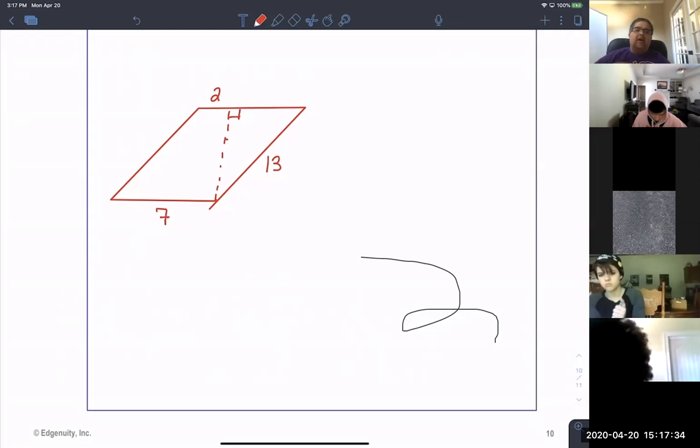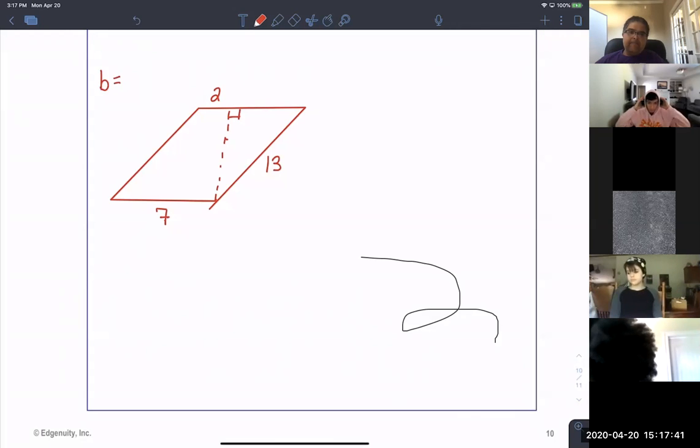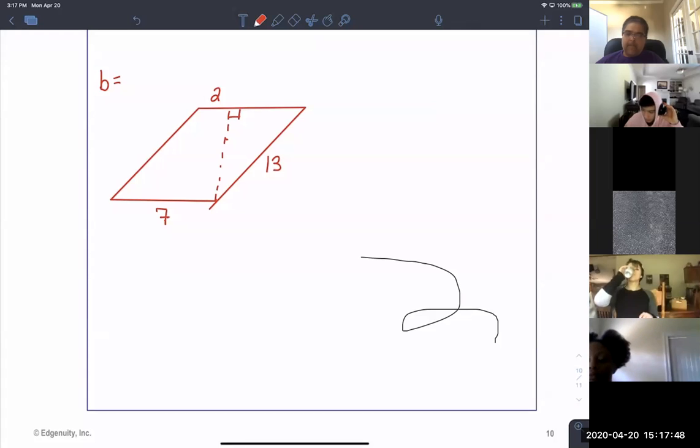All right. So what would be my base here? What number would be the base? Base of what? The parallelogram. 7? Okay, good. Now, how would I get my height? Pythagorean theorem.